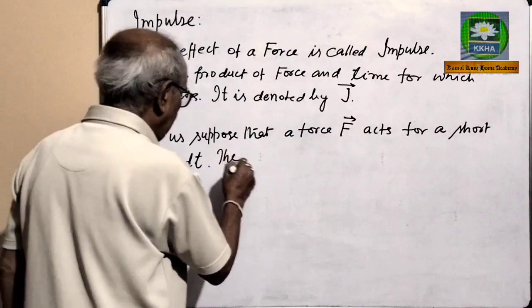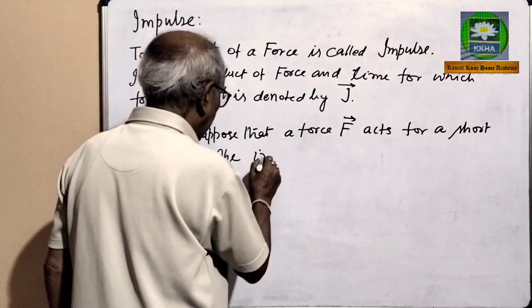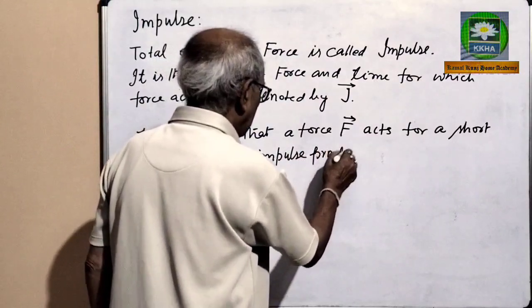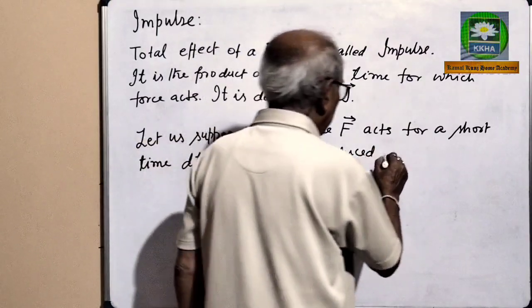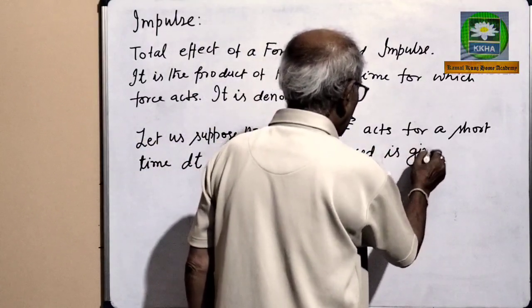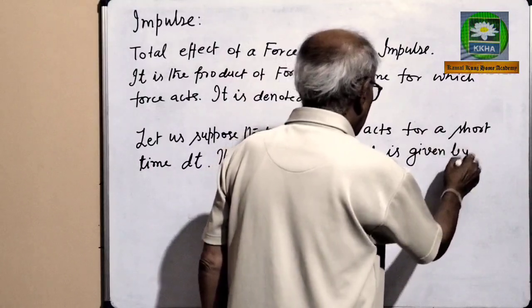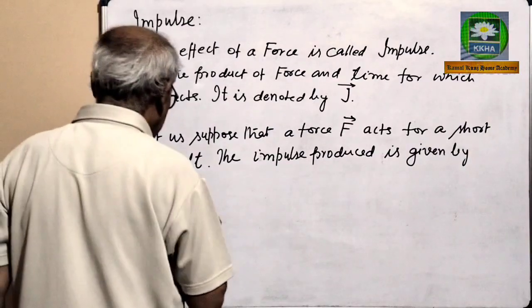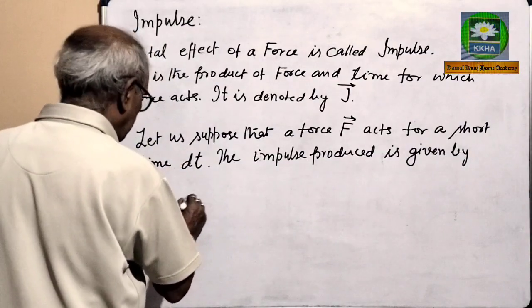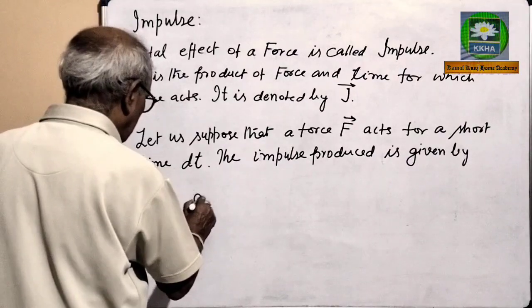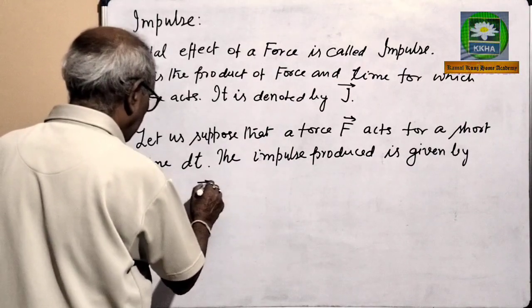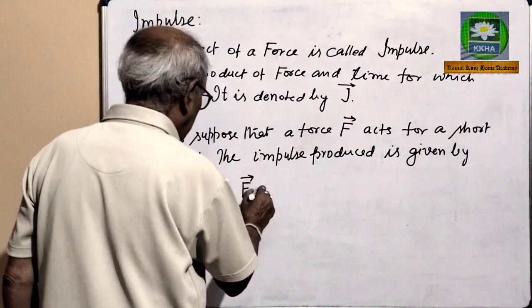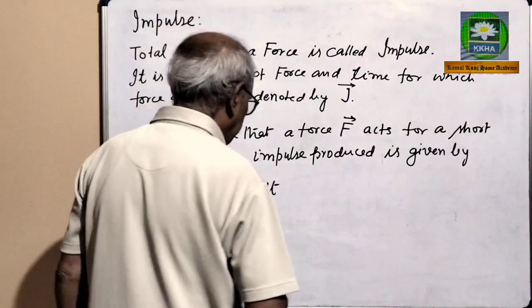The impulse produced by the force which acts for a short time is given by J equal to force times differential time.